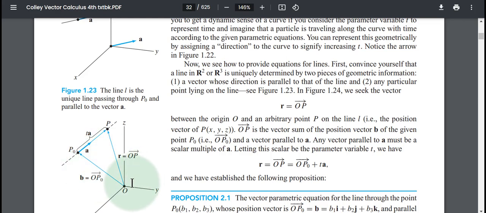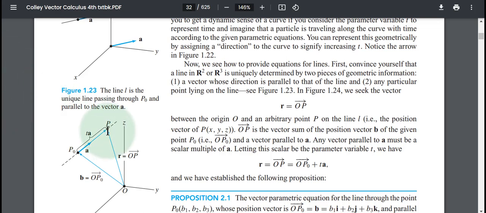So what can we say about this one here? It's the sum of this one plus TA. In other words, some multiple of A, right? Now, we don't know what T is, and that's because we're hoping to capture every point on the line. So we want to allow T to vary.